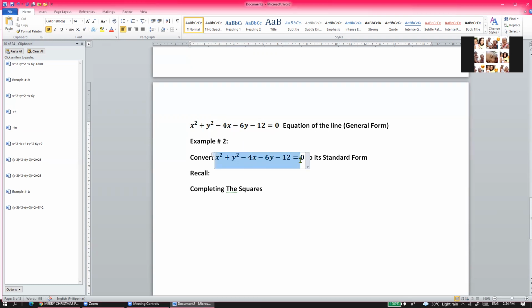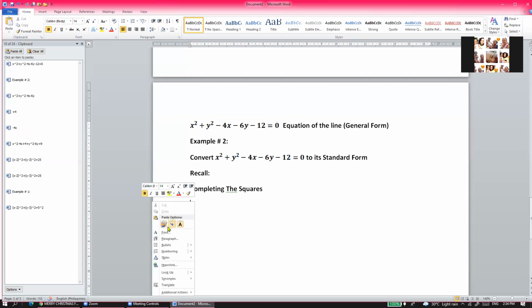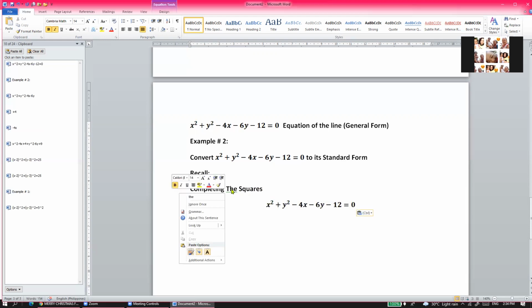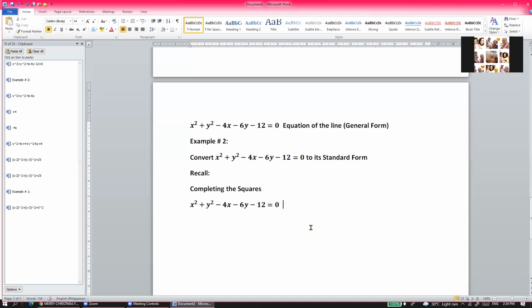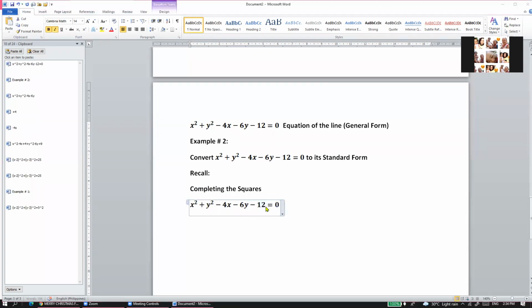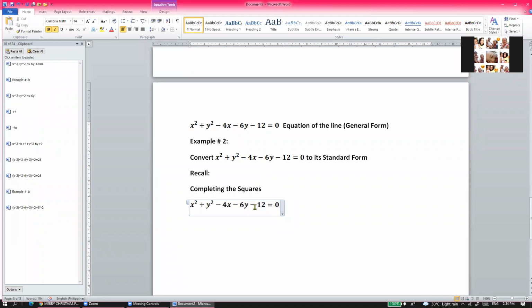Now, let me have this one again. First, copy-paste ko siya. The first step, ano man yung whole number na nakasulat from its general form, yung whole number na walang variable na x or y, this one, transpose natin sa right.